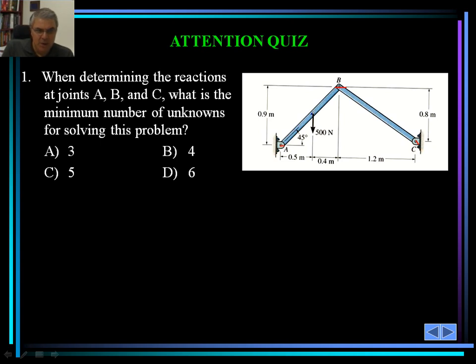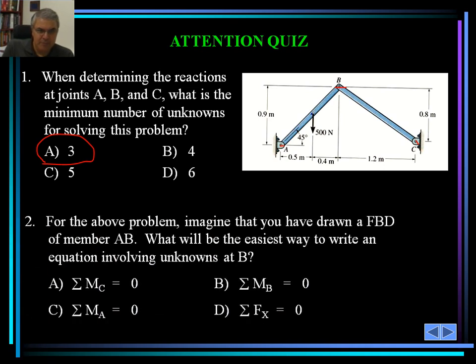Again, we are after the minimum number of unknowns. The minimum number of unknowns should be 3 for solving such a problem, since we have 3 equations of equilibrium available to us.